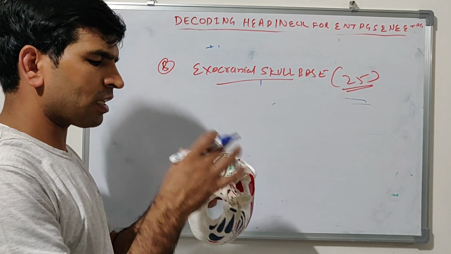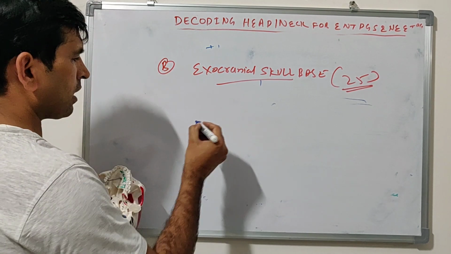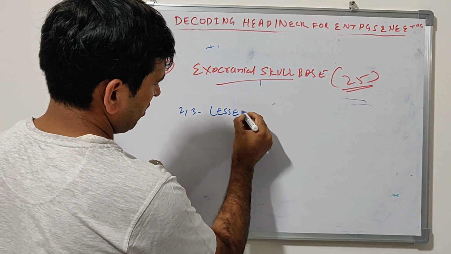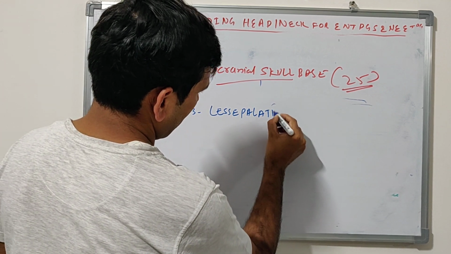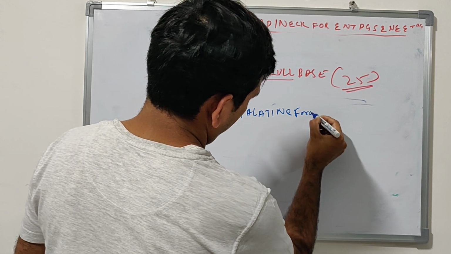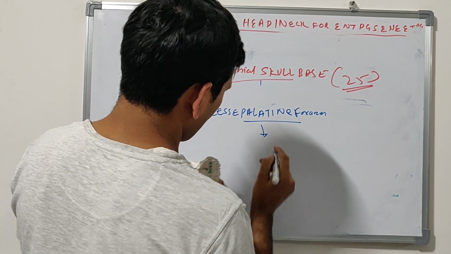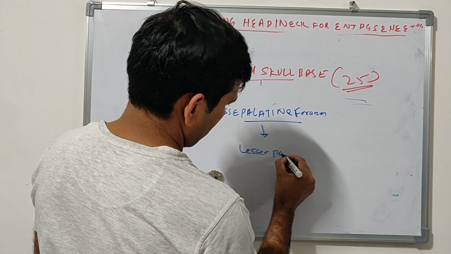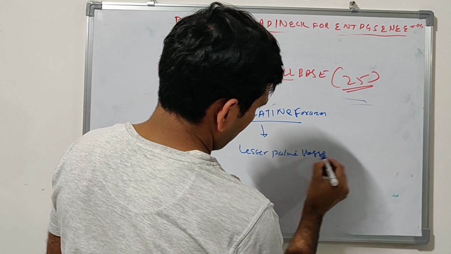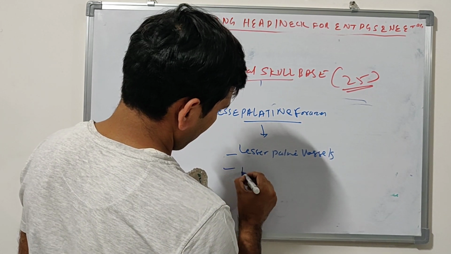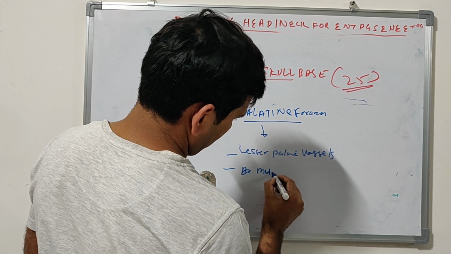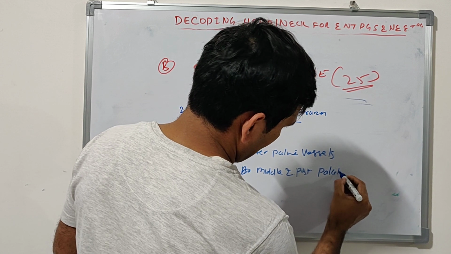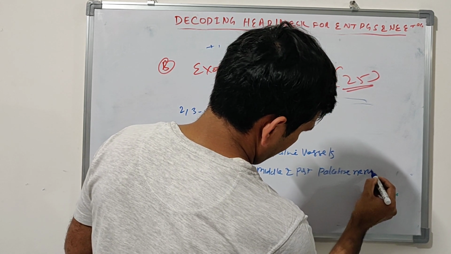This is an artificial skull, that's why it is not very visible. The structures passing through the lesser palatine foramina are the lesser palatine vessels and the middle and posterior palatine nerves.